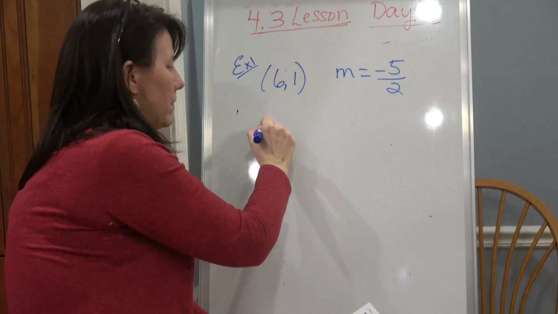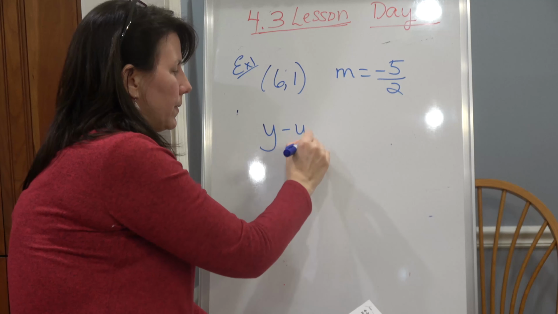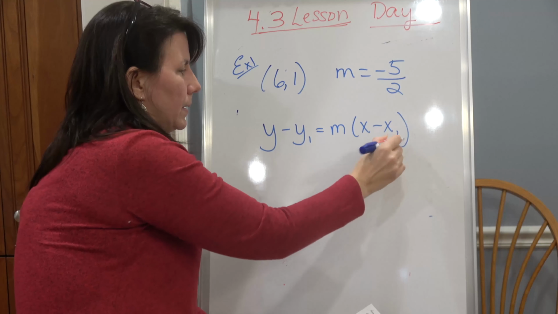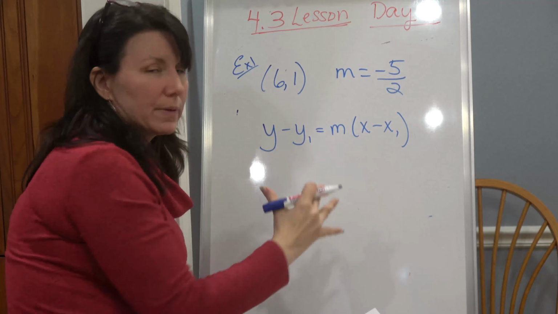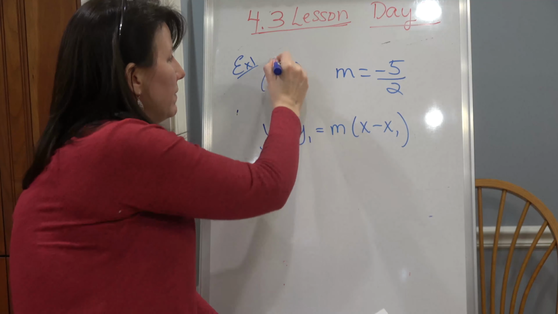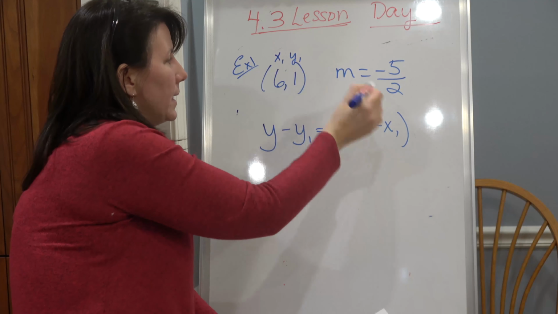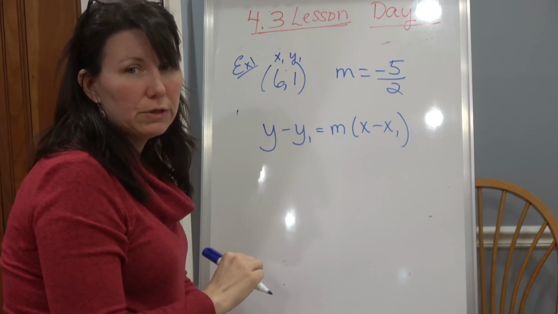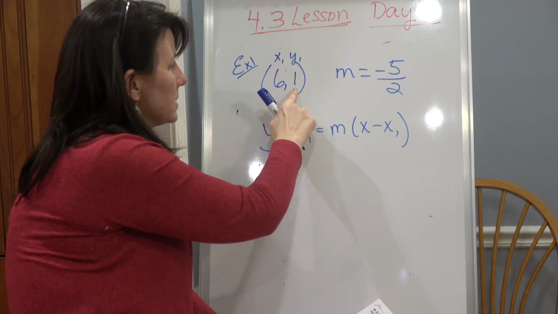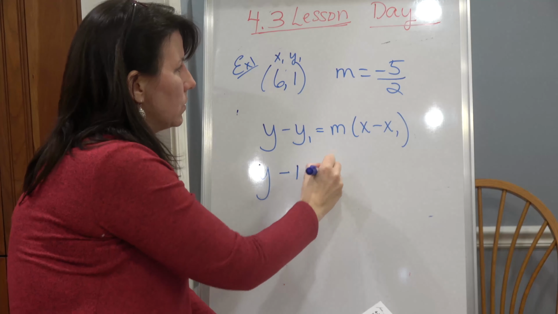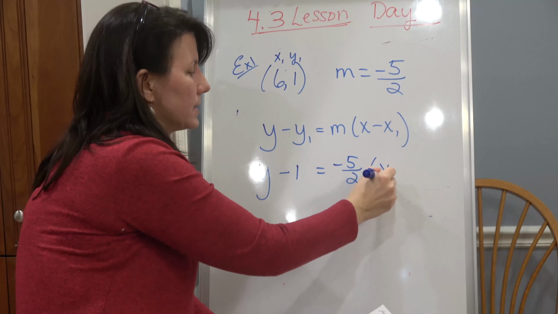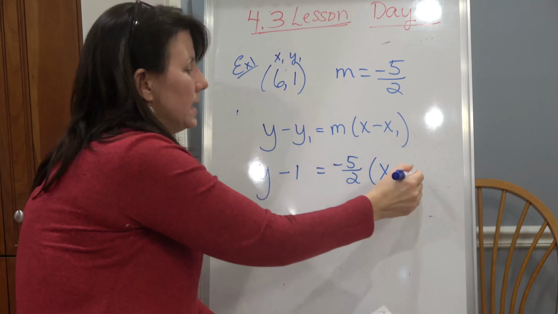Now, the general form for point slope is giving you a template, a form to create the equation. So you're given an x, y point, and you're given the slope. All you're going to do is substitute it in. y minus 1 equals the slope, -5/2, times x minus 6.